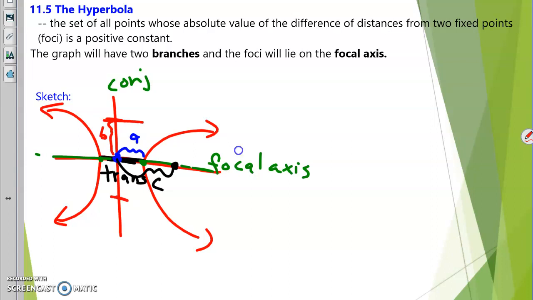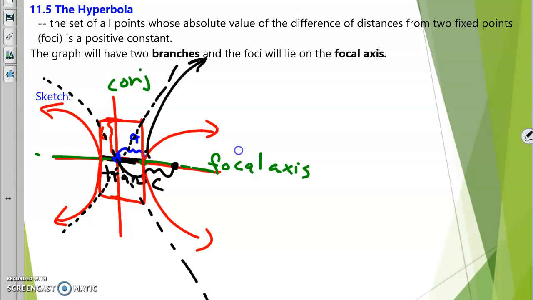And so what we end up making here through the vertices and the distance b going up and down, hitting the vertice, you get this square. And if you hit the vertices of the square and the center, you get these asymptotes that your hyperbola goes out to like that. So that's what we're going to be playing with here a little bit.